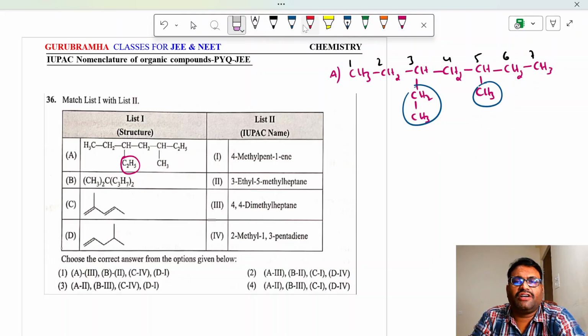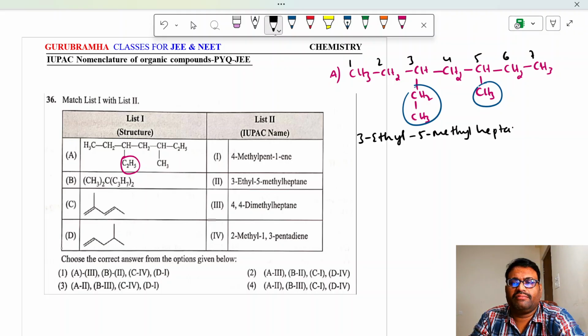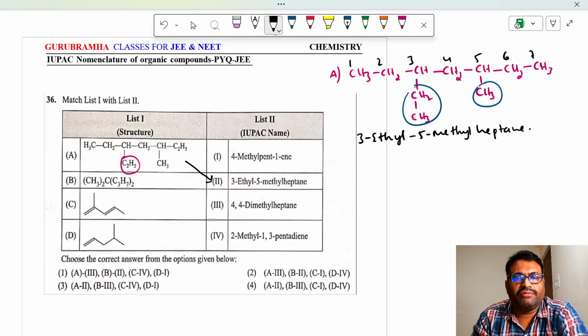Why? Because at the third position we have an ethyl. So I write 3-ethyl, 5-methyl heptane. Where do you find 3-ethyl, 5-methyl heptane? So this one.